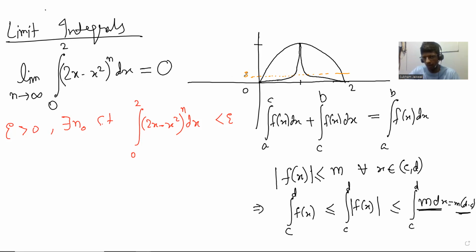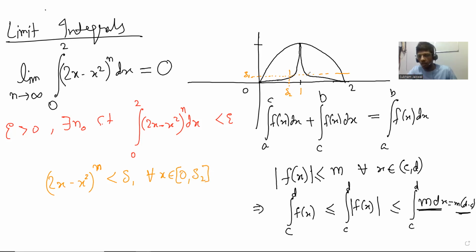So given any delta here, and maybe we call this delta 1, and given any other delta 2 which is close to 1, no matter how close to 1 it is, one can find a suitable n so that this quantity (2x minus x squared) to the power n is less than delta 1 for all x in 0 to delta 2.